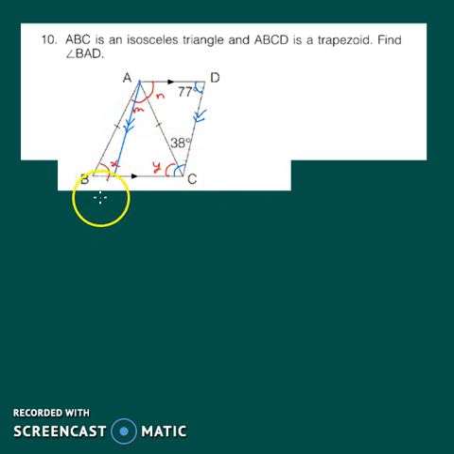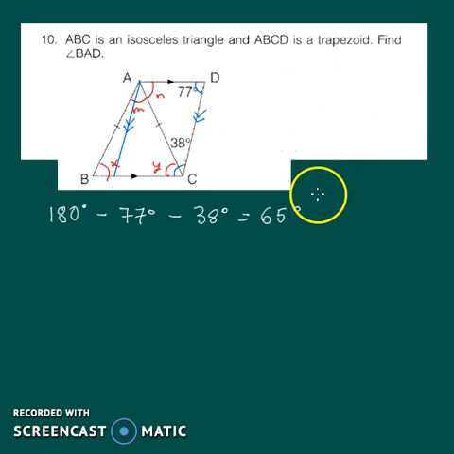If all together those two angles are 180 degrees, and I subtract 77 degrees and then I subtract 38 degrees, what I'm left with is 65 degrees. And so I just figured out this angle y here, and I'm going to forget all about this parallelogram now that I used that law to find something out.